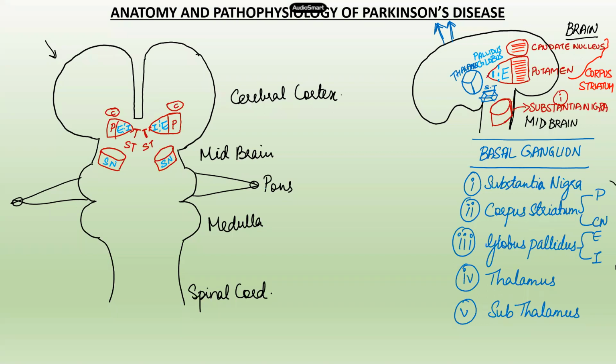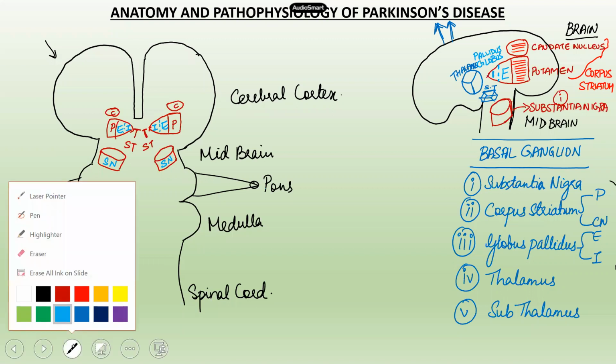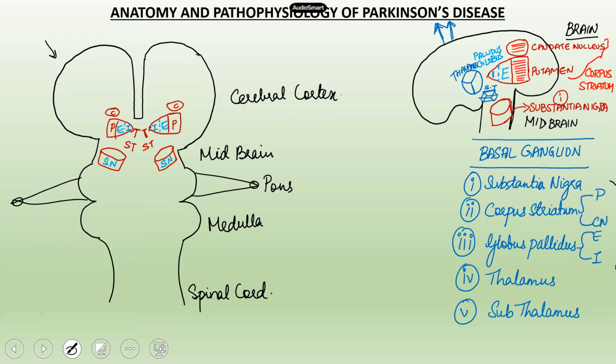Now let me draw over here in the cerebral cortex the four most important areas which are involved in motor coordination. So over here, I'm going to write this as PFA. Now PFA is your prefrontal area or your prefrontal cortex.